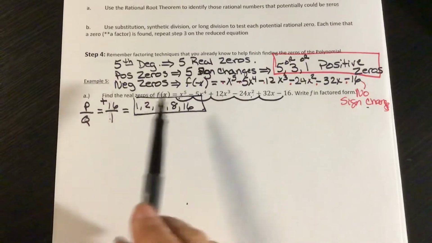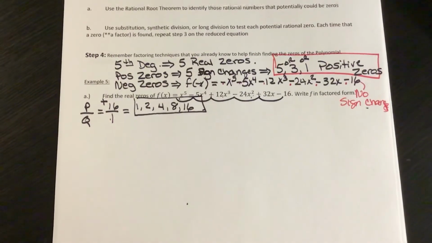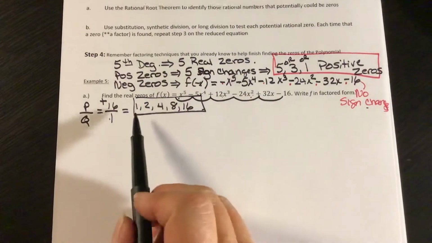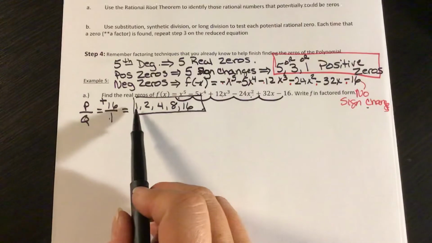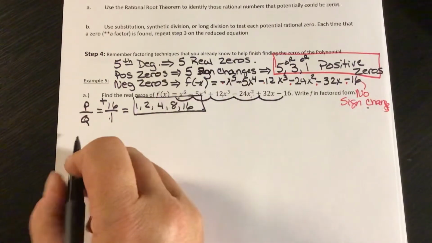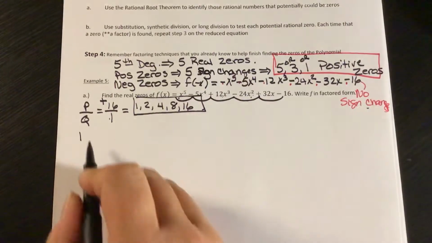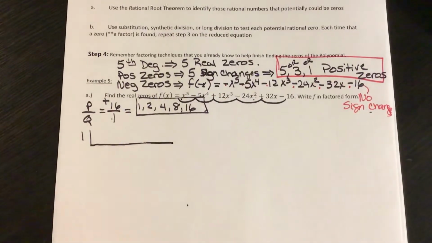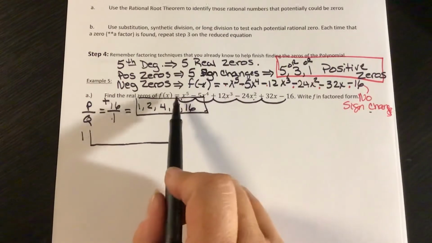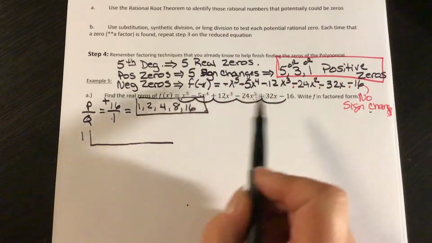So now it's just kind of a trial and error type thing. I'm going to start with 1 and see if 1 would be a solution. I'm going to use synthetic division with these coefficients.